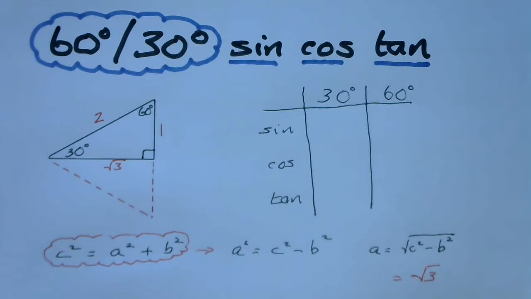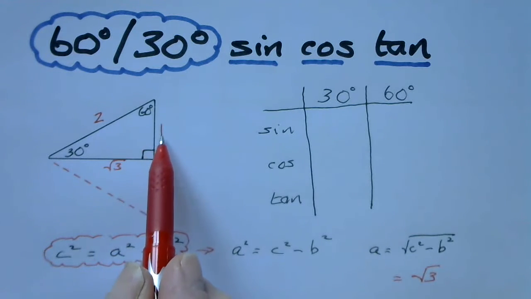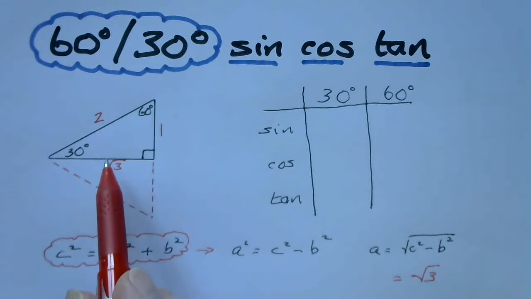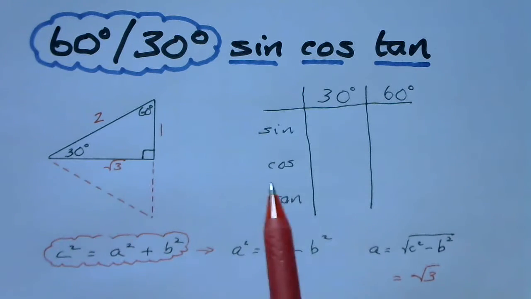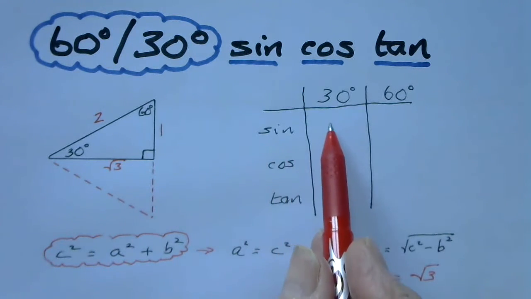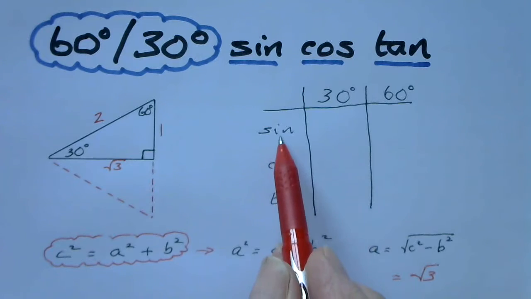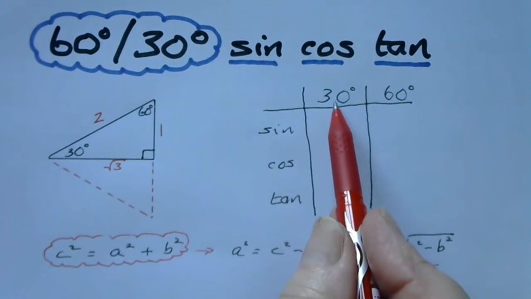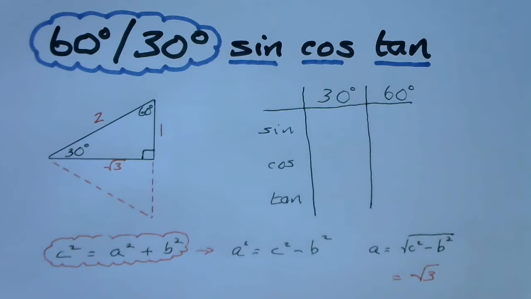And that is what you need to learn, that the ratio of the sides of a 60-30 triangle are in the ratio 1 to 2 to root 3. Now, because this is a right angle triangle, we can find the sine, cosine and tangent of 30 degrees and 60 degrees.